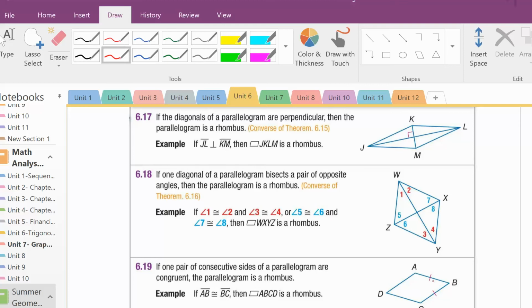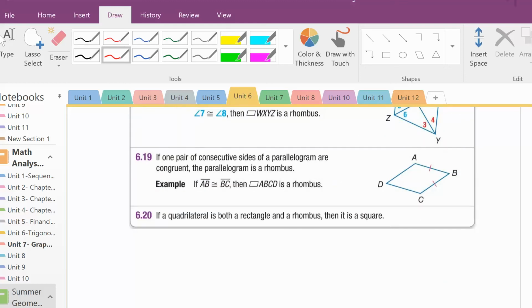Because remember, in other parallelograms, opposite sides are congruent, but in a rhombus, since all 4 sides are congruent, that means if consecutive sides of a parallelogram are congruent, then it has to be a rhombus as well. And if a quadrilateral is both a rectangle and a rhombus, then it is a square.